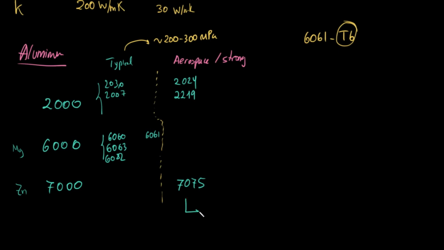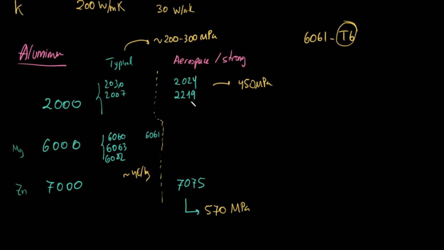We're talking about maybe 570 megapascals of ultimate strength at room temperature, and these two maybe 450 megapascals, more or less. Although the change is super high between these alloys, the price isn't that different. Maybe these are around €4 per kilo. Maybe this is 5 point something.